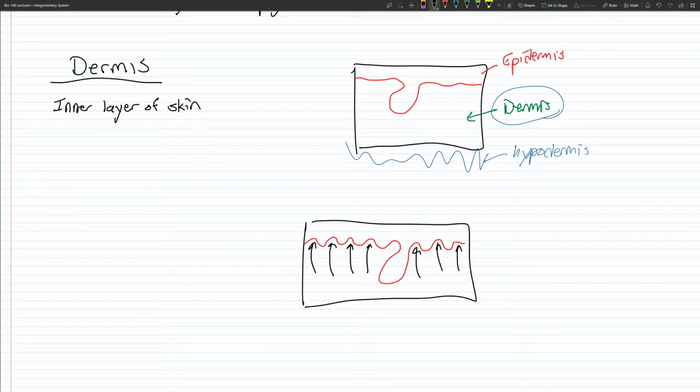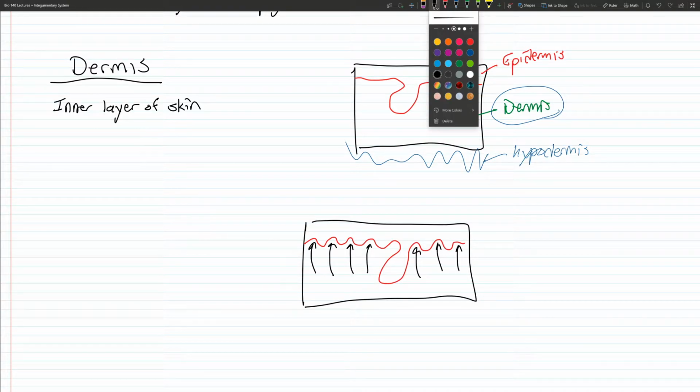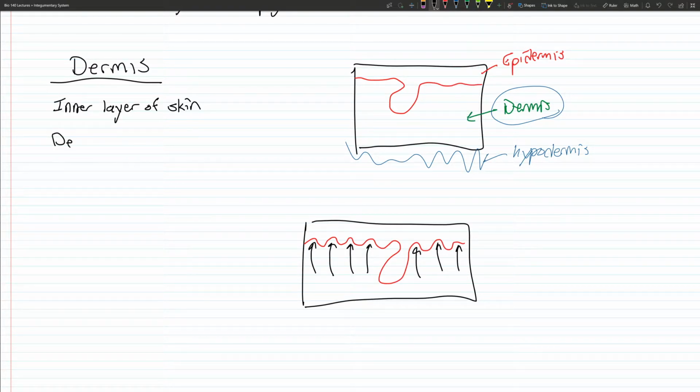Basically, all that means is they are finger-like projections. Those are called dermal papillae. These are just finger-like projections.